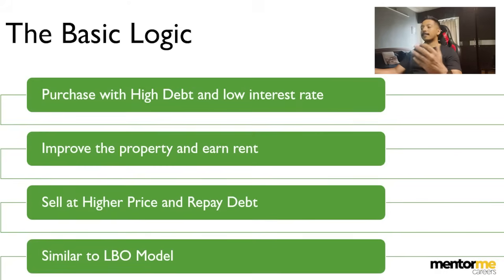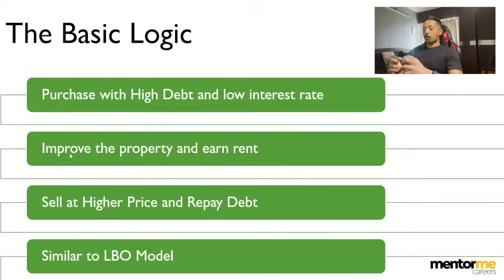In real estate, debt is easily available. So you tend to purchase the opportunity with high debt and preferably a lower interest rate, because if the interest rates are too high, then probably the increment of rentals across the years will not be that great.